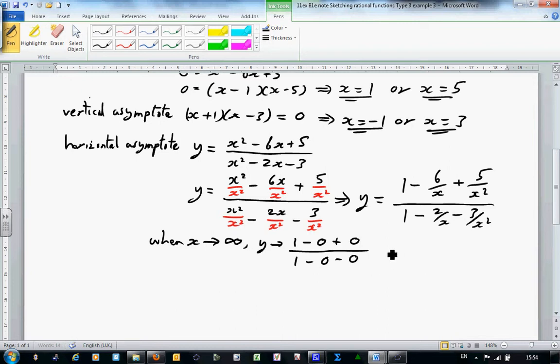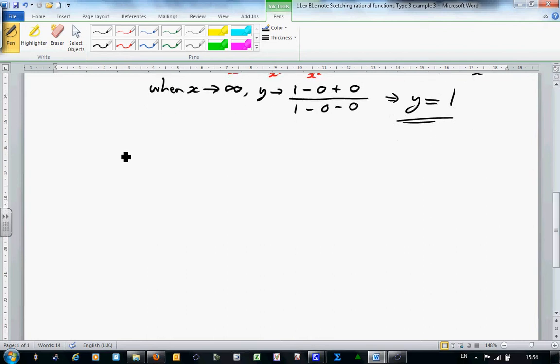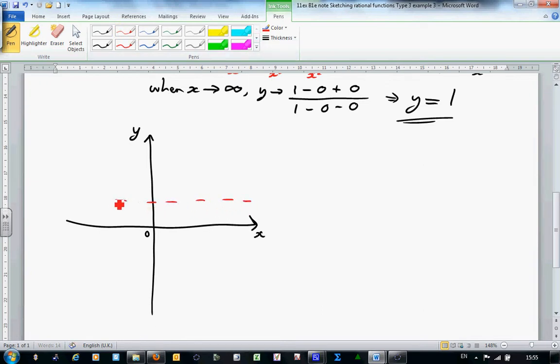Okay, so now what we've got are the usual pieces of the puzzle, which can take us to a place where we can start graphing. But bear in mind that we will have to do more thinking. Alright, I can see straight away that the horizontal asymptote is at y equals 1. And I can't remember, it's minus 3 and 3 for the vertical asymptotes. Sorry, minus 1 and 3.